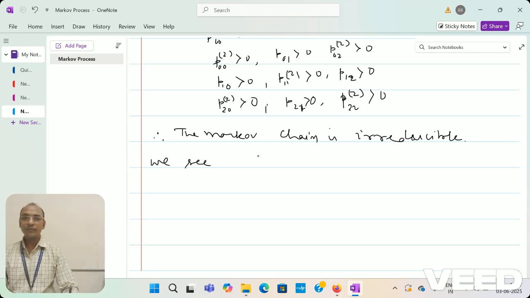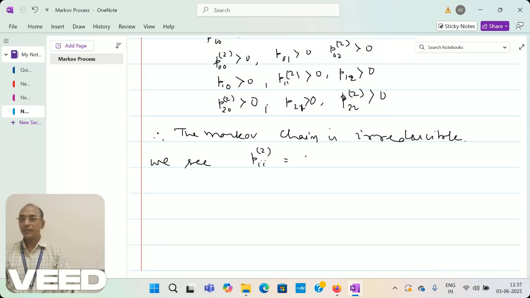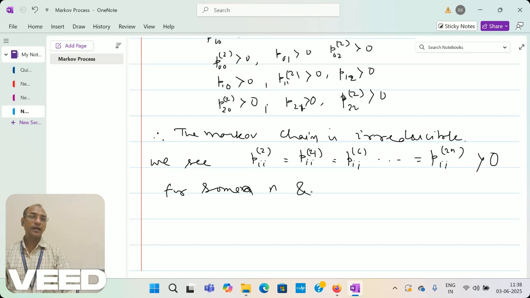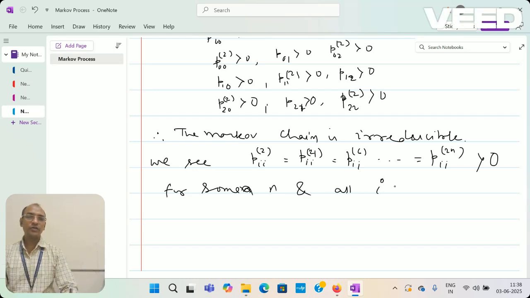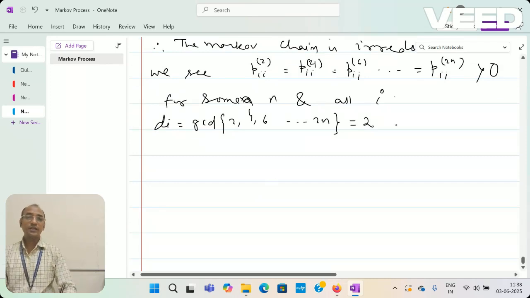Okay, and then we see that Pii in the second step, Pii in the fourth step, Pii in the sixth step, and so on, are all positive for some n, for all states i. Since the diagonal elements are positive, di, the period, is the gcd of 2, 4, 6, and so on, so di equals 2, which is greater than 1.